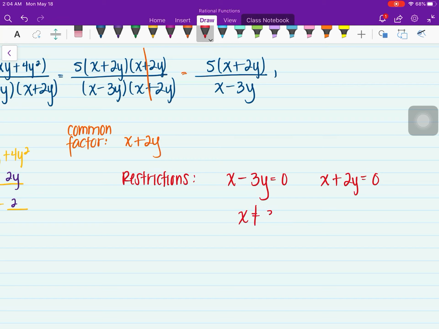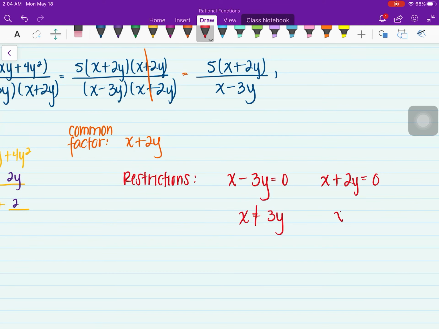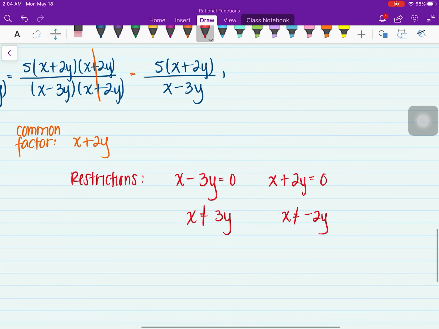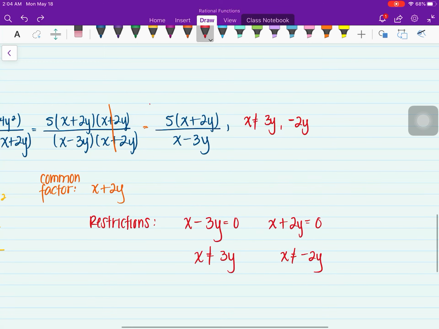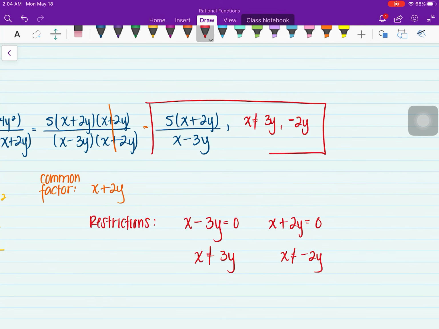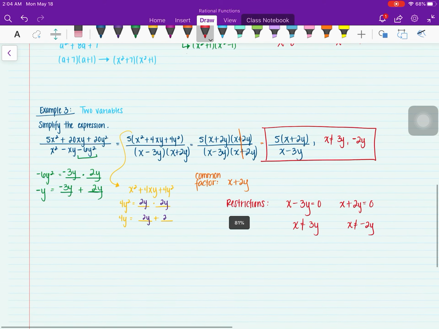So x cannot equal 3y, and also x cannot equal negative 2y, or it could be the other way around. So my restrictions are that x cannot equal 3y or negative 2y. And this here would be our final answer.